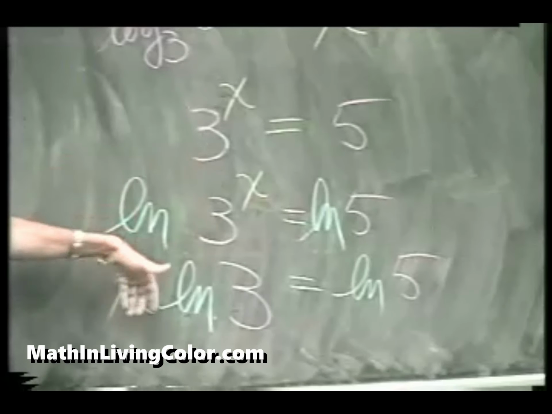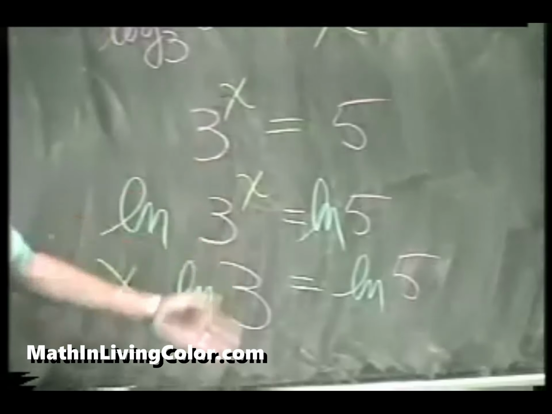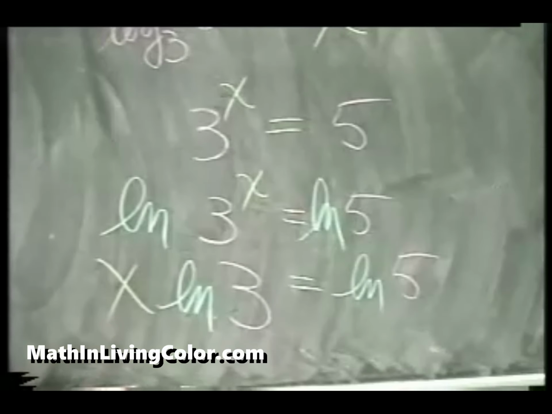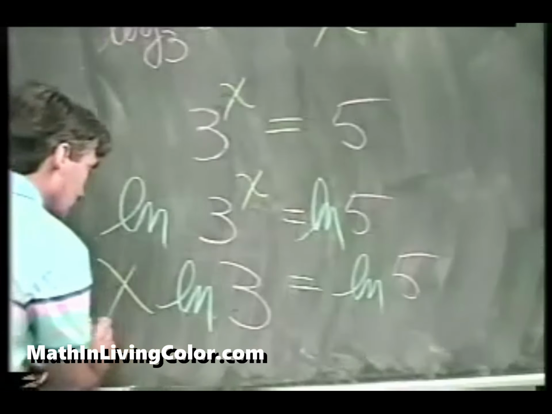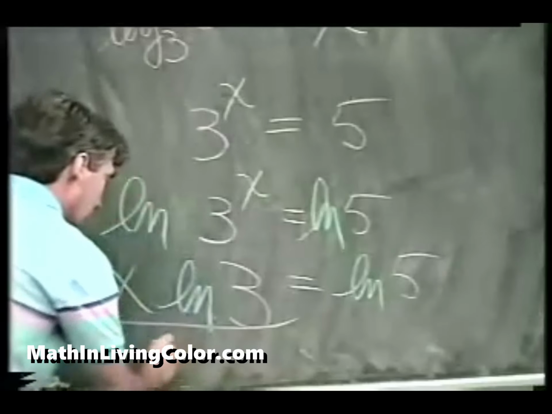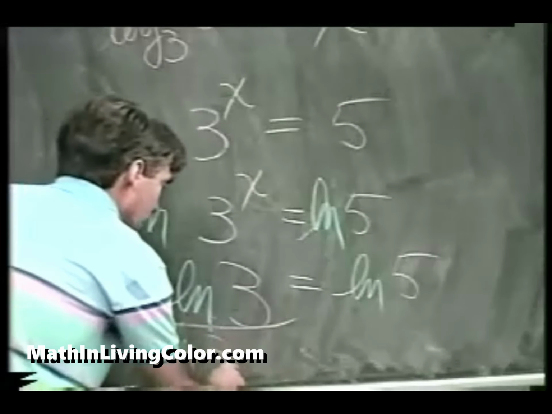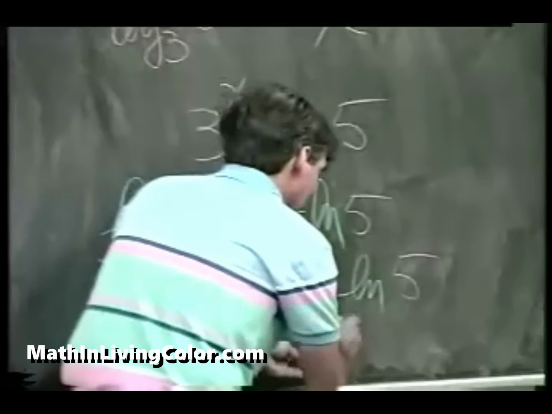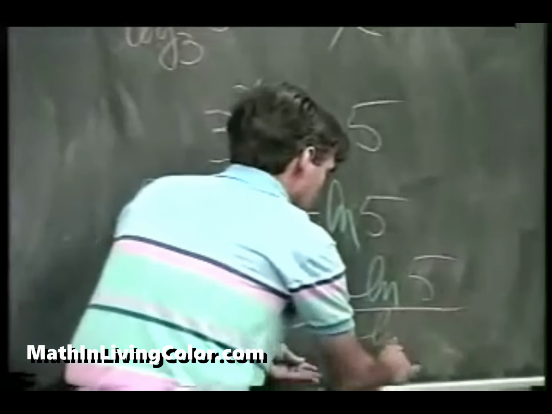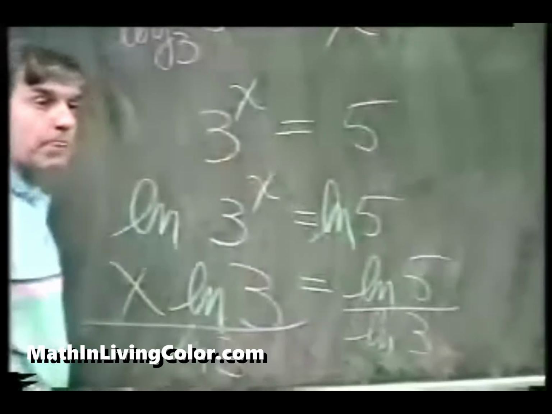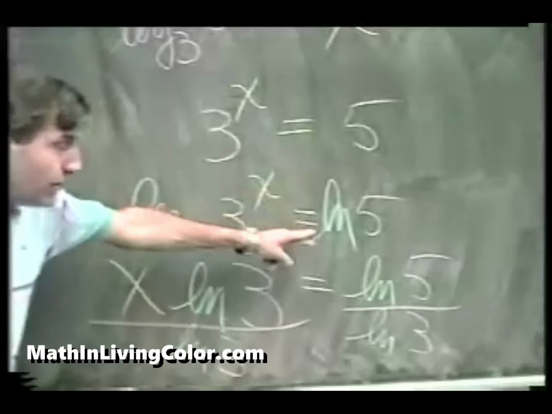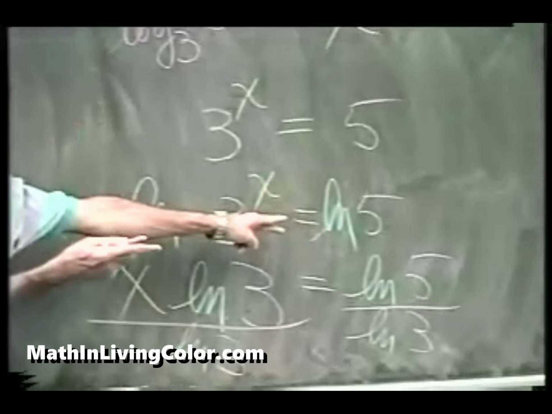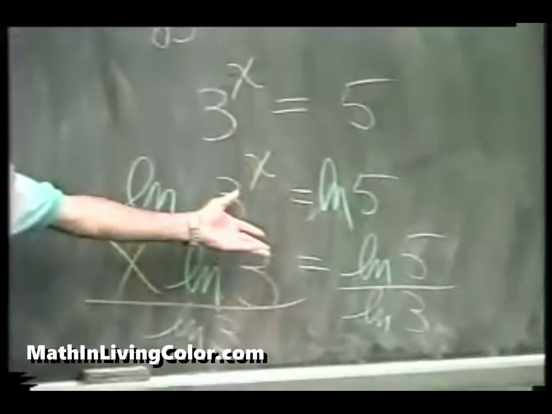How do you solve an algebraic equation? x times some number. Divide both sides by the ln of 3, right? Divide both sides by the ln of 3. Now, take the ln of 5, divide it by the ln of 3, and you can do that with your calculator, right? No problem?